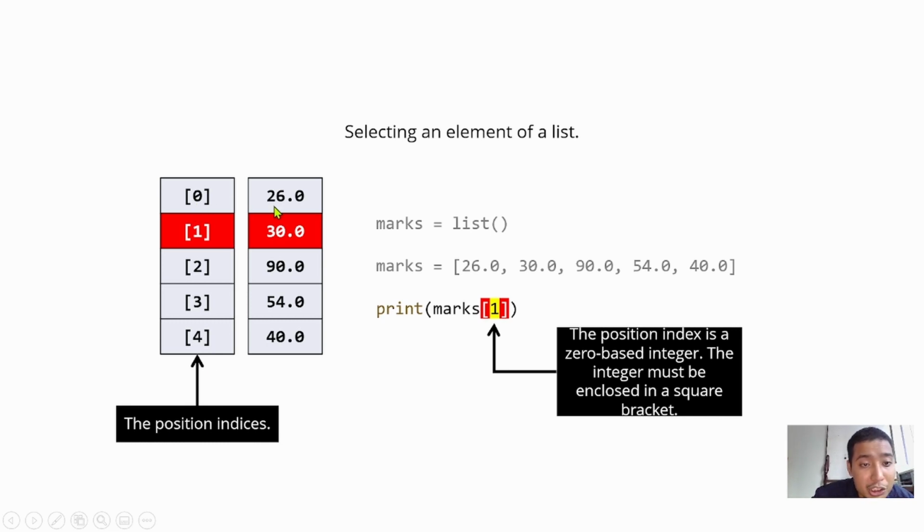So here the position index of the first element is 0, and then the position index of the next element is 1, and so on. So let's say if you have 5 items under your list, the sequence of your indices will be 0, 1, 2, 3, and 4. So it will begin from 0.